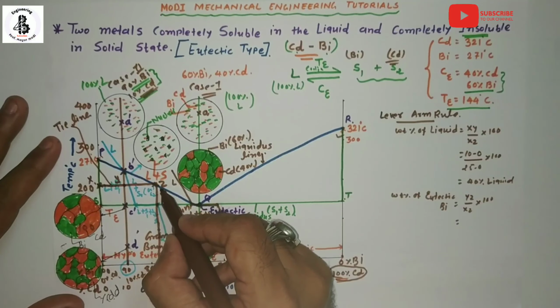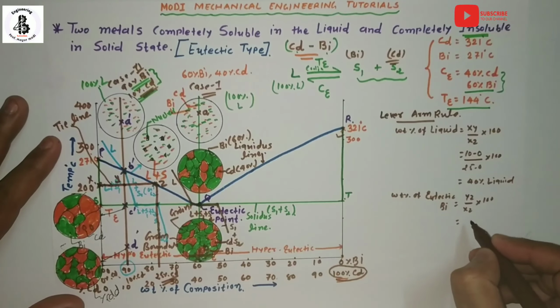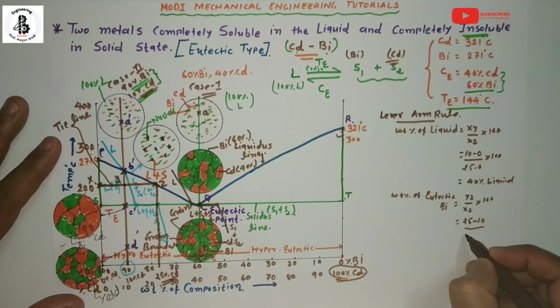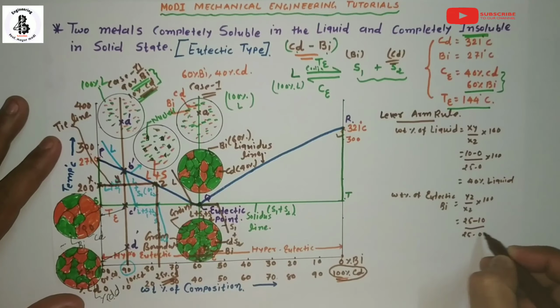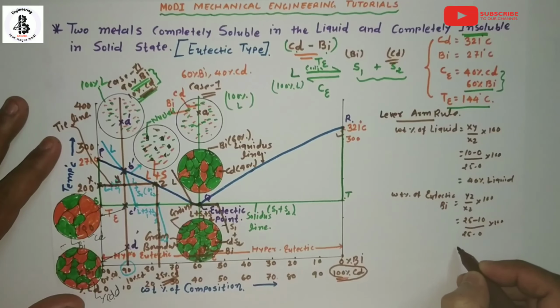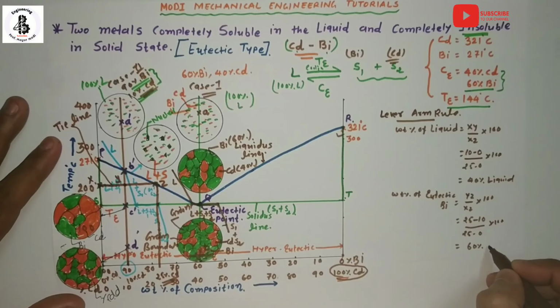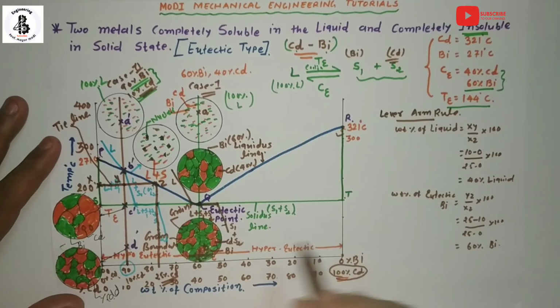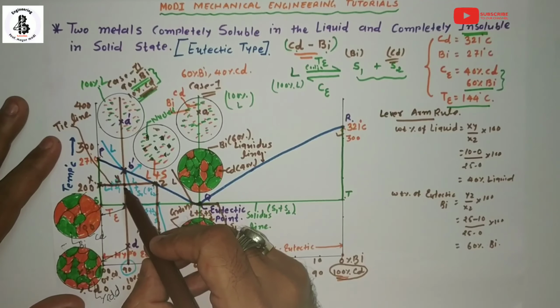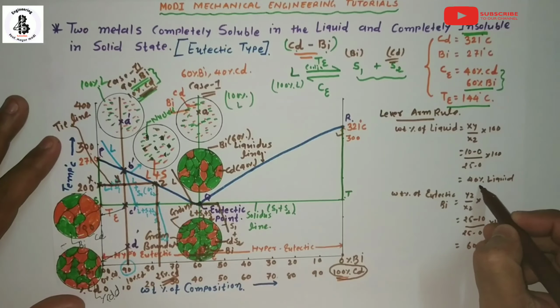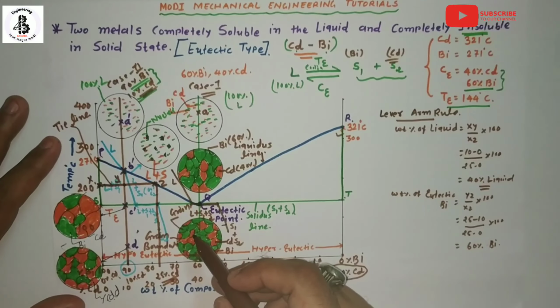For yz, that will be 25 minus 10 divided by 25 minus 0, into 100. That will be almost 60% bismuth. So at point y, almost 60% solid is formed, and the remaining 40% liquid is present.